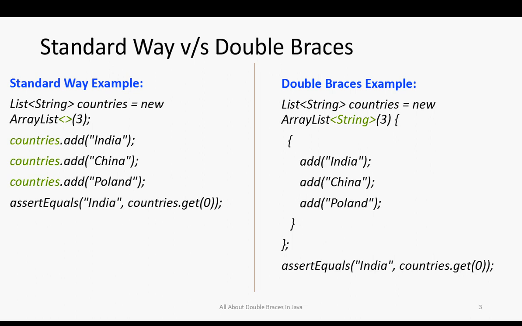While for the double braces, we are first creating an anonymous class which is going to extend the ArrayList.